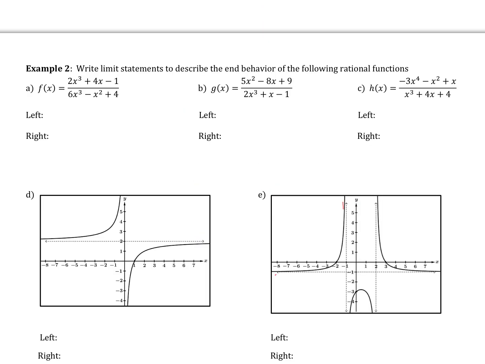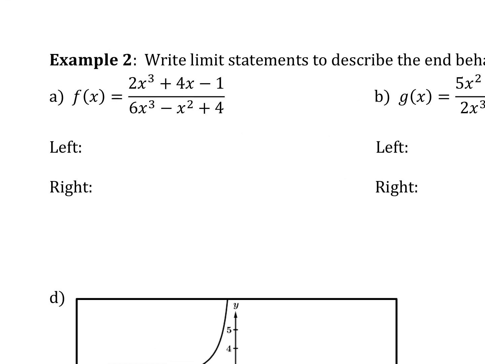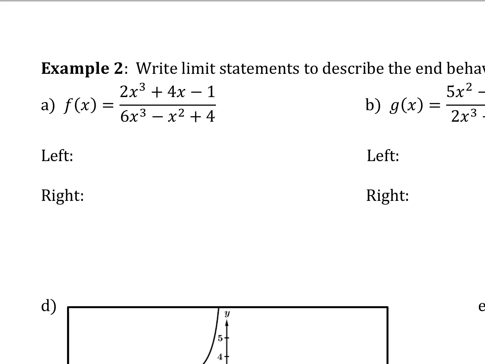Example 2. Write limit statements to describe the end behavior of the following rational functions. Letter A. We notice in here immediately that the numerator and denominator's degrees are the same. That means that the numerator is equal to the denominator.